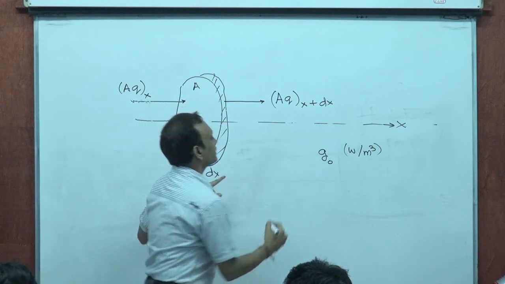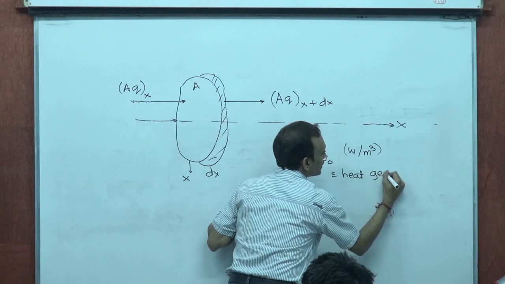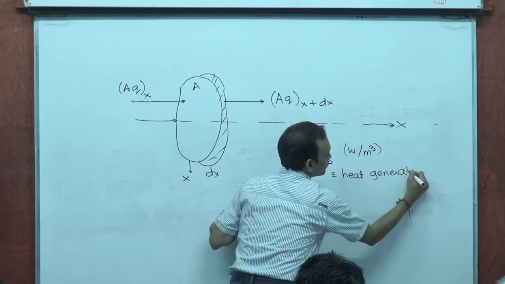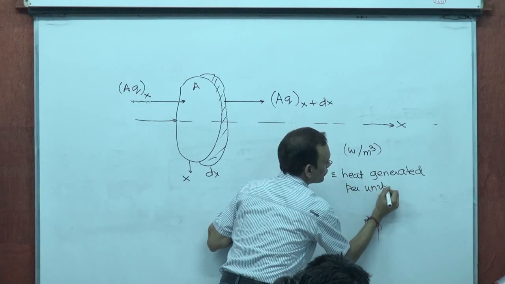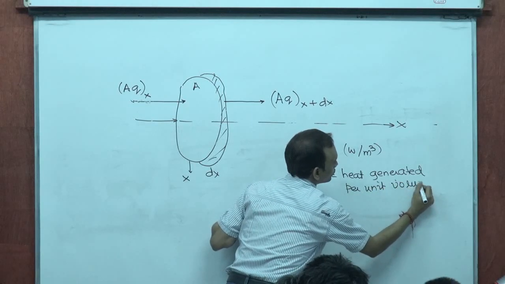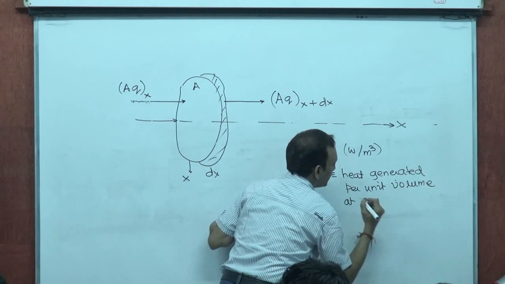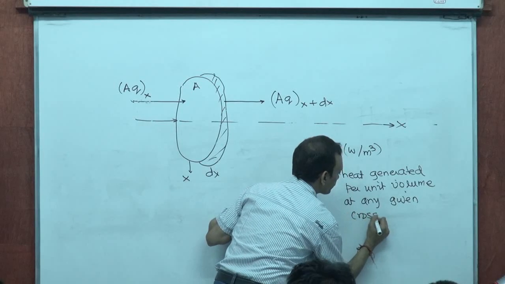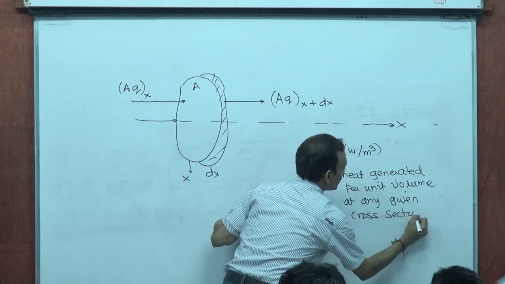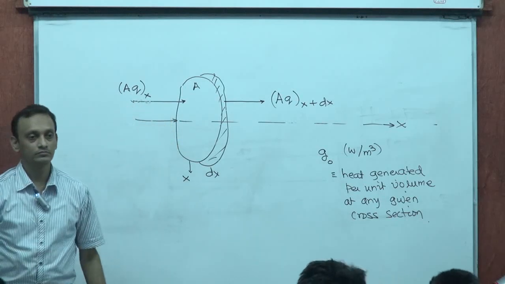Let's say this is heat generated per unit volume at any given cross section.